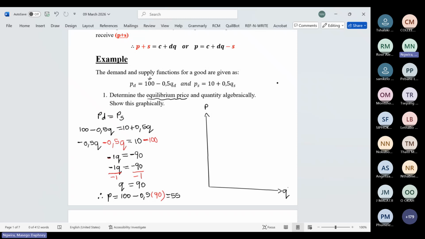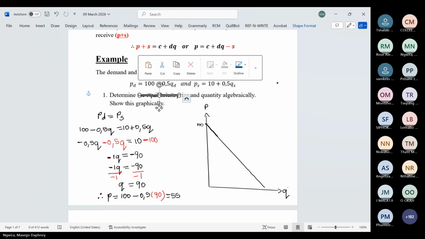So my graph is going to start somewhere here. I'm just going to put it here. So I'm going to say this is 100. You don't have to write all the numbers. And then it's going to go down until it touches my Q. It will look something like that.